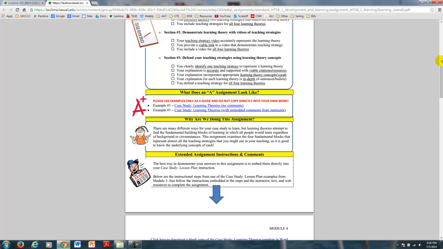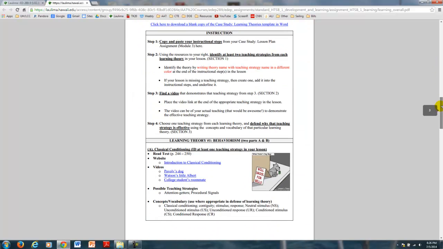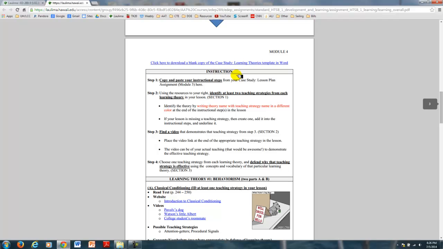The way you can organize this is that you have your instruction, and you're going to copy and paste your instructional steps here. You don't have to include the whole thing, your normal one. Then you're going to identify at least 2 teaching strategies from each learning theory and write the theory at the end of that. Find a video that puts it right next to it, and then below that you would defend why it's effective.